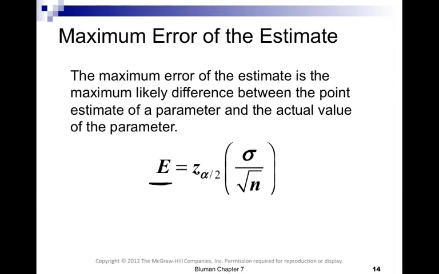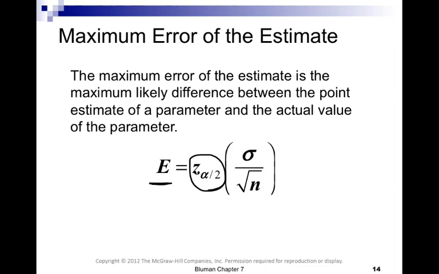And then we look at these numbers we saw on the previous page for the different confidence intervals, and then we'll have our sigma over the square root of n, which is the standard deviation of the population over the sample size.